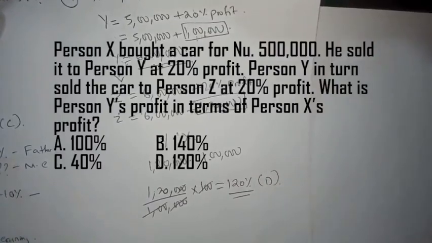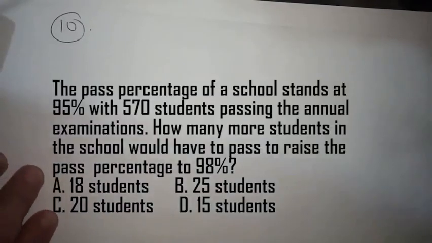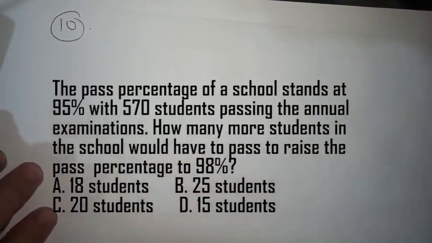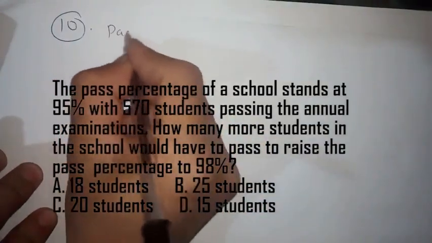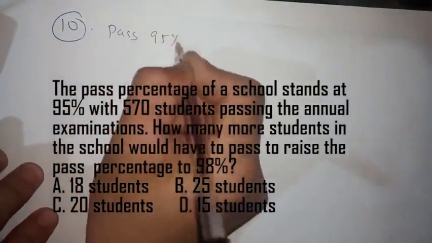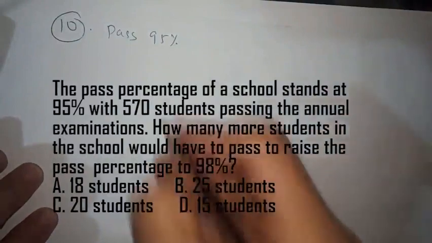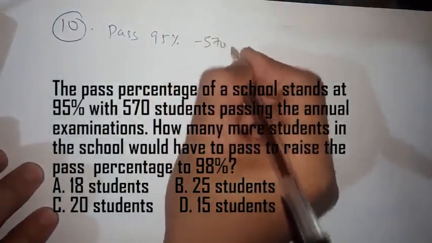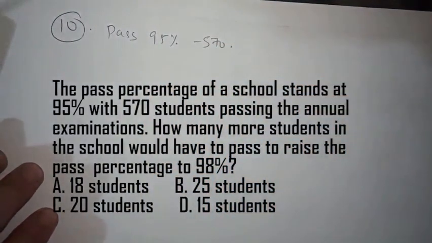Another question, question number 10. The pass percentage of a school stands at 95%, with 570 students passing the annual examination.